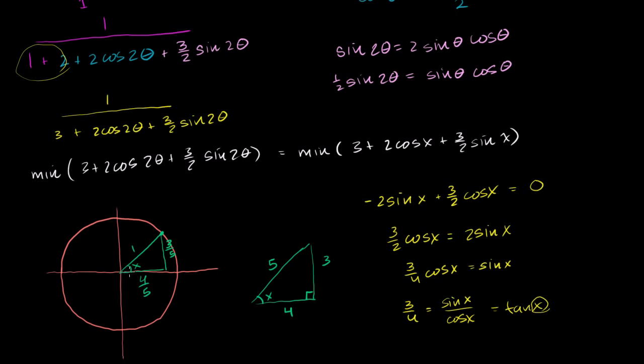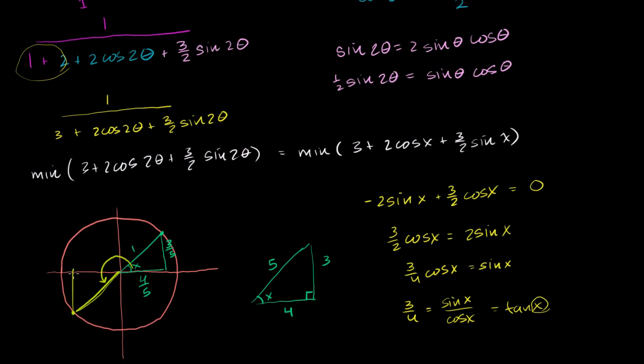Now the other x that gives us the same tangent, and remember the tangent is really just the slope of the radius in the unit circle, would be this angle. This has the same tangent value. So this x over here. In this case, the tangent is still going to be 3/4, but over here, the sine and cosine are negative.